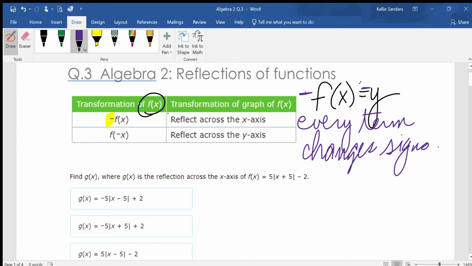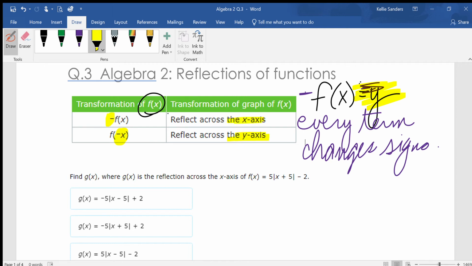I'll be saying this a lot. If y changes, or if every term changes, then it's going to be a reflection about x. And if just the x term changes, it's a reflection about the y.